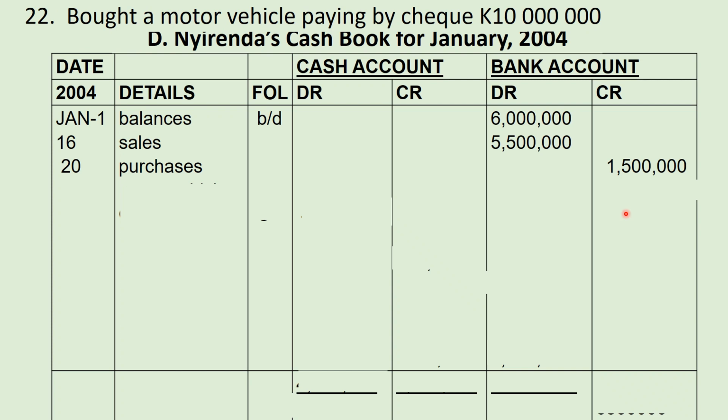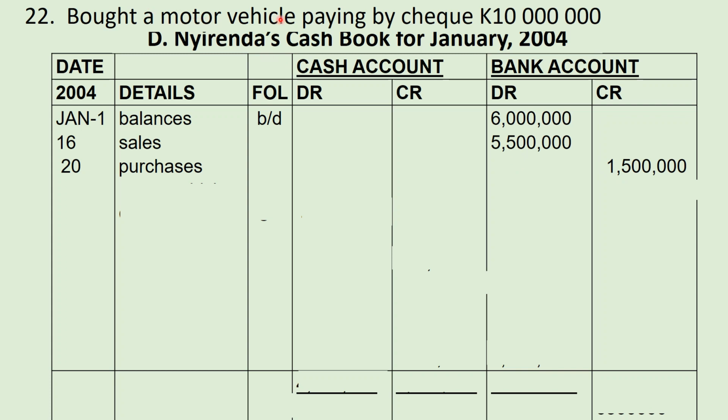The next is bought a motor vehicle paid by check, 10 million. So let's go back a bit. We had 11,500,000. We have made purchases worth 1,500,000, meaning that we have remained with 10 million.